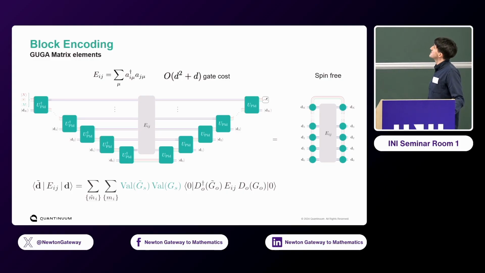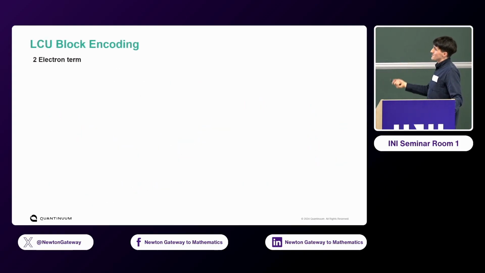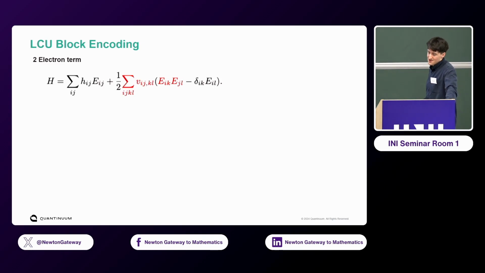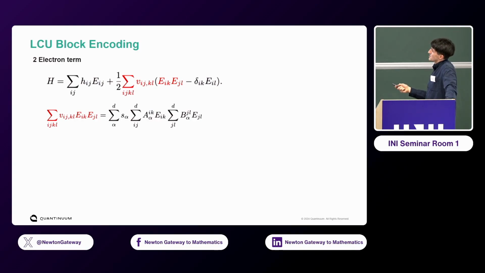Okay, so then the block encoding construction takes this LCU form. If we just concentrate on this very complicated Coulombic term here, which is a rank 4 tensor, we can take this rank 4 interaction tensor and decompose it under a higher order SVD.